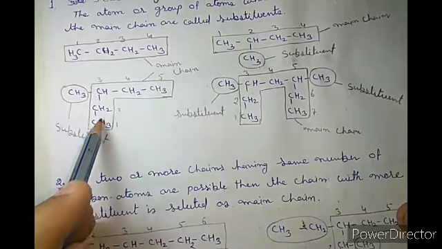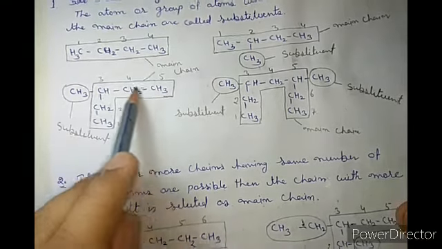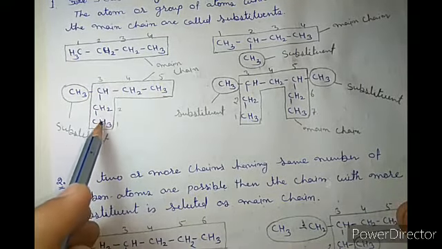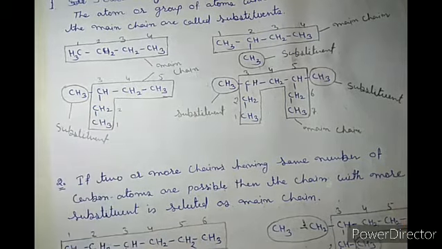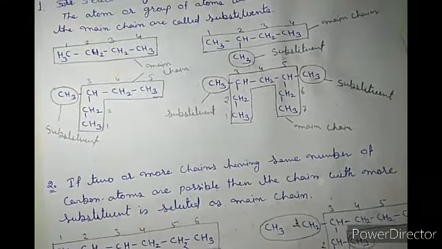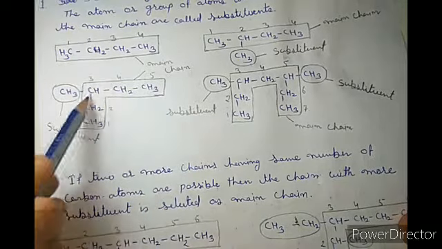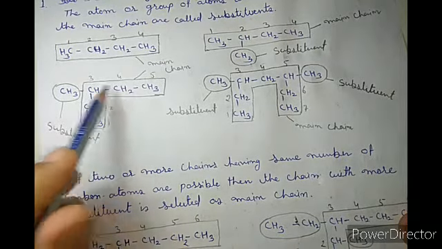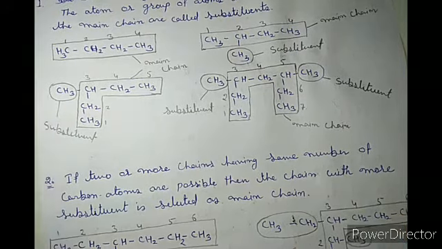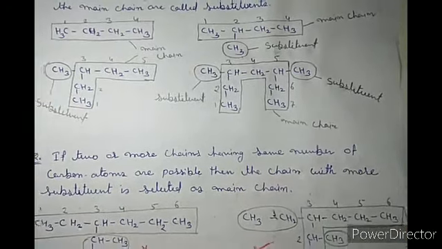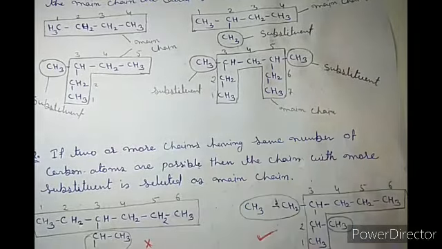But if we consider this one, 1 2 3 4 5, then 5 atoms are included. So it is the main chain and that is the substituent. Got it?